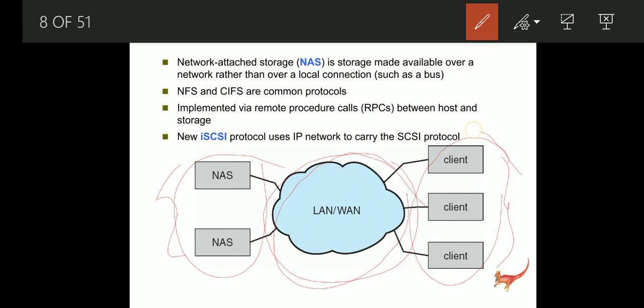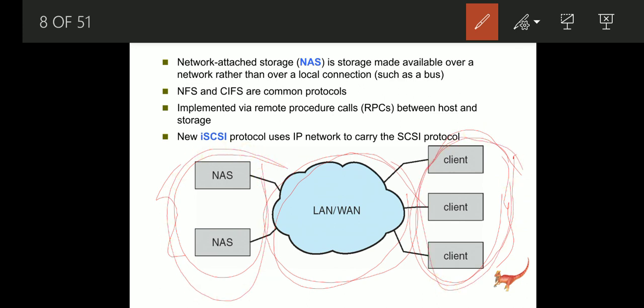Therefore, these clients assume that the information is being stored or fetched from their own storage space, even though it is not stored in their storage space.